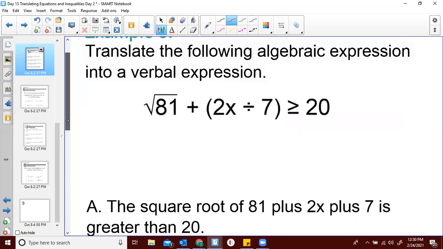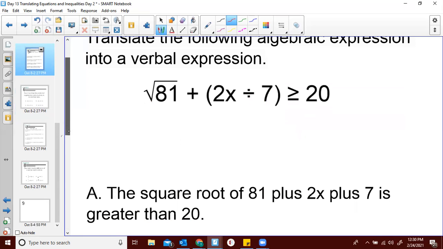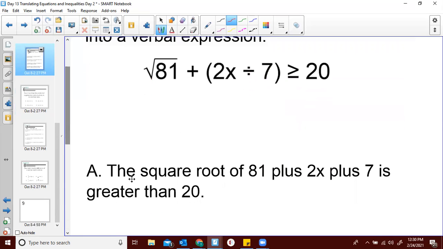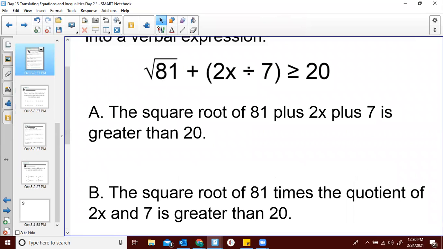All right, this one is a little tricky. We're going to have to go up and down to see it, but just bear with me. When you have a lot of different terms in your inequality or equation, I like to say, just start writing, start looking at your ABCs and look for a discrepancy, right?